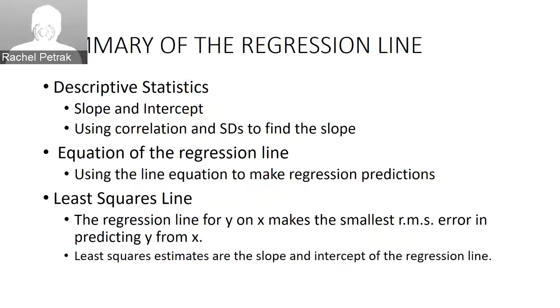We can only predict the outcome variable, not the predictor variable. If you're asked to use the regression line to predict the predictor variable from a y variable, that's a different regression line, so you'd have to use that other regression line to do it. And finally, the least squares line is the one that makes the smallest RMS error in predicting y from x. It's the regression line, and the least squares estimates are just the slope and intercept of the regression line.